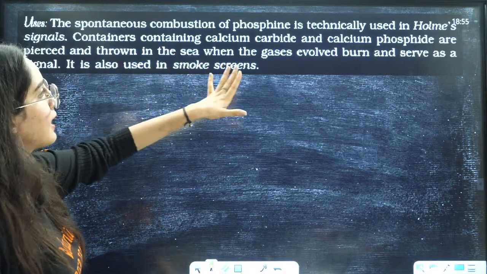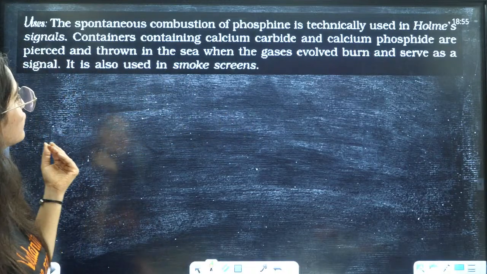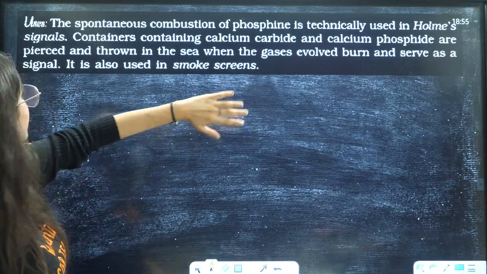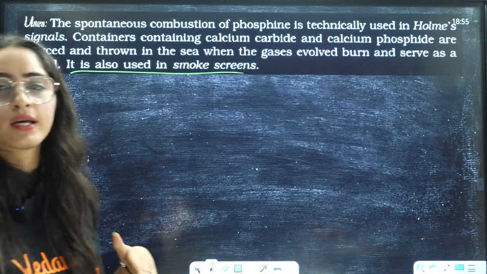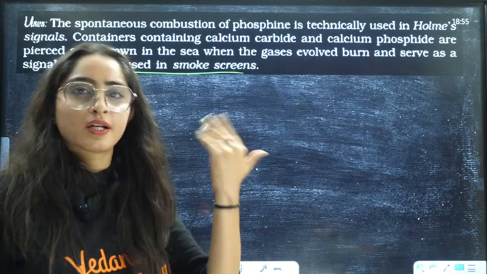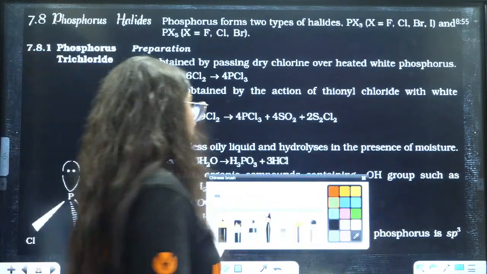Containers containing calcium carbide and calcium phosphide are pierced and thrown in the sea, and the gases evolved burn and serve as a signal. Because it is a very reactive gas, it has been used to give signals. Again, now you have phosphorus.